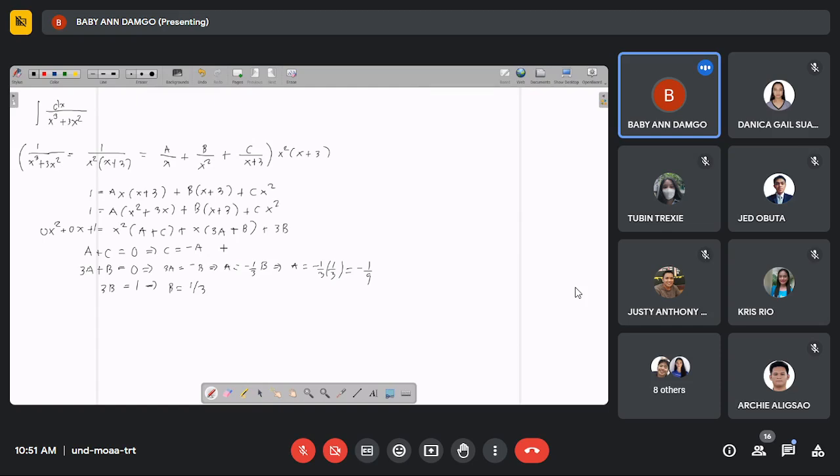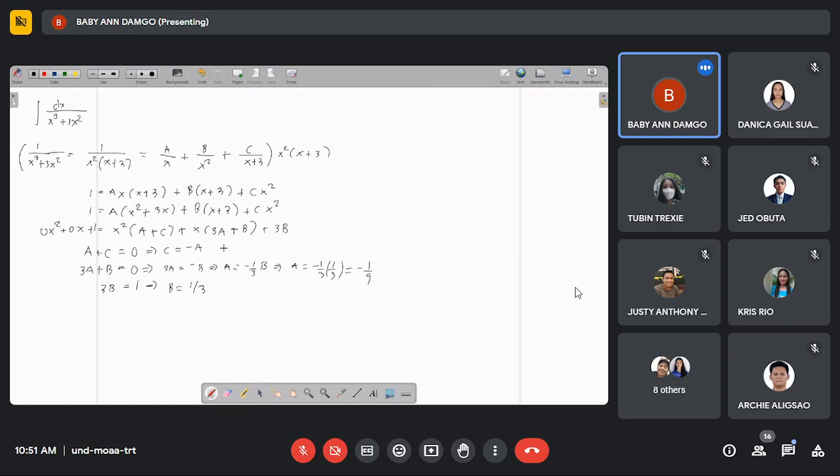So this can be written as, our a here is negative 1 over 9, so negative 1 over 9x, plus, our b is 1/3, so we have 1 over 3x squared, and then c is positive 1 over 9, so we have 1 over 9 times x plus 3, dx.